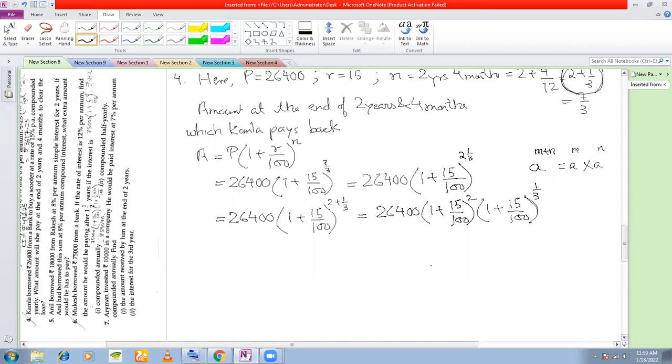Is this step clear? The base here is 1 plus 15 by 100. Yes, sir.